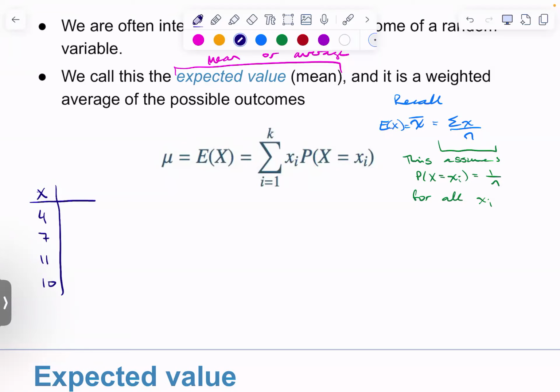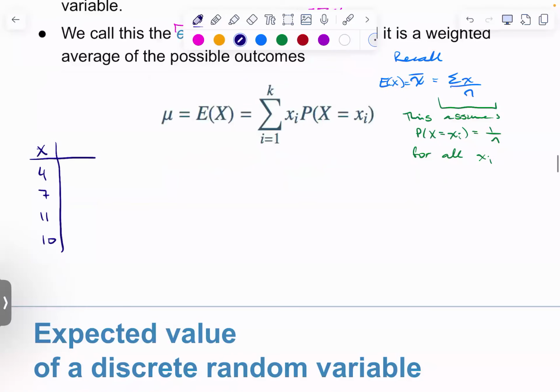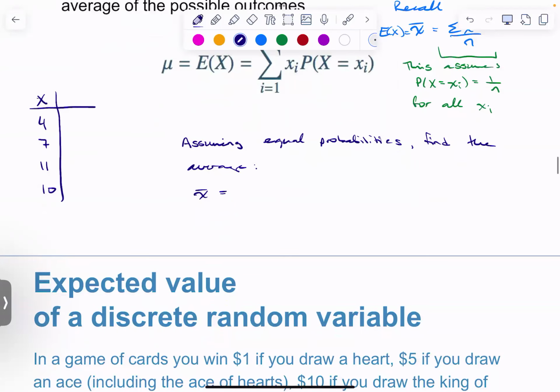If I asked you to find the average of these, just regular, assuming equal probabilities, find x bar, what would you do? You would add them all up and divide by 4. 4 plus 7 plus 11 plus 10 divided by 4.